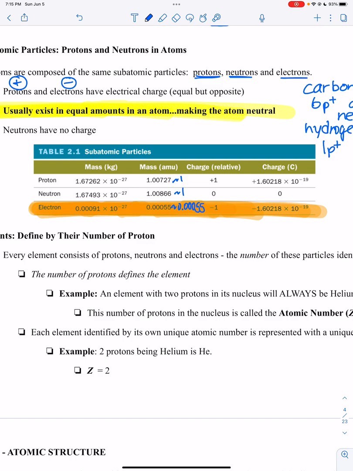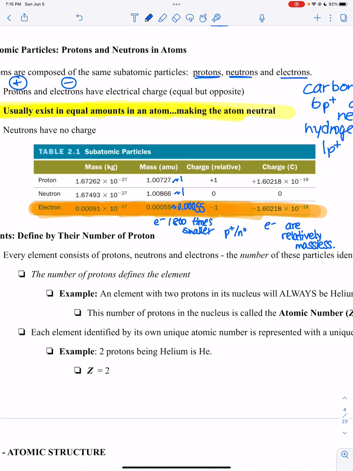It is 1,800 times smaller than the proton and neutron. Electrons are relatively massless. We don't really consider electrons to have mass or add or take away mass from the atom.